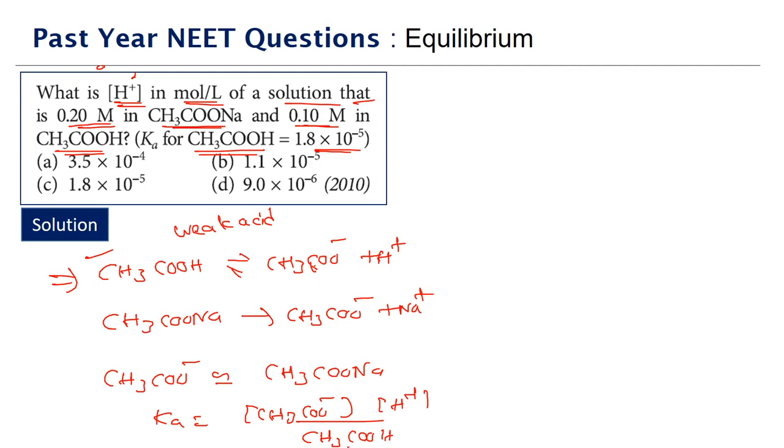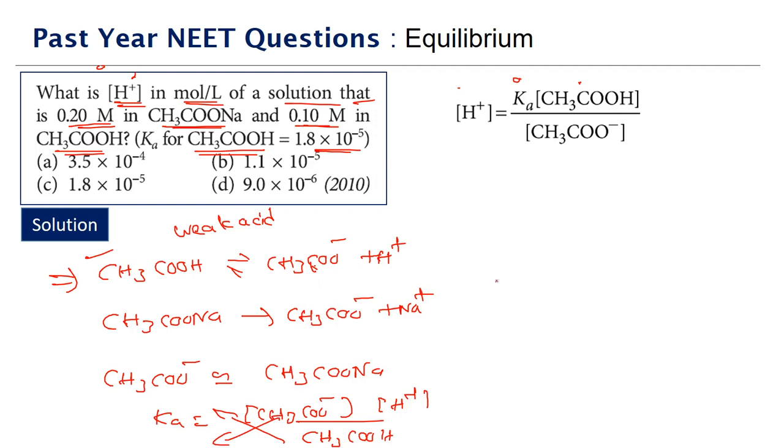So from here, the H plus value can be expressed as Ka into the acid concentration, divided by the CH3COO minus concentration. But what we are considering, CH3COO minus concentration will be approximately equal to the salt concentration.